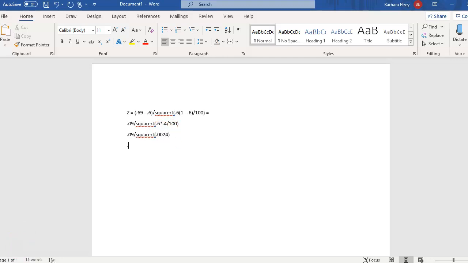Now I'll take the square root of 0.0024, and that gives me 0.0489898. Now be careful, don't round off too early or you're going to get your p-value significantly off and get it wrong in your homework. Now I'll do this final division. At this point, I can round off a little bit, and this is going to be 1.837.